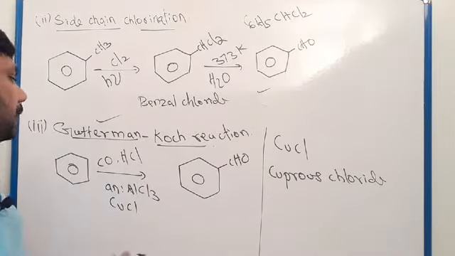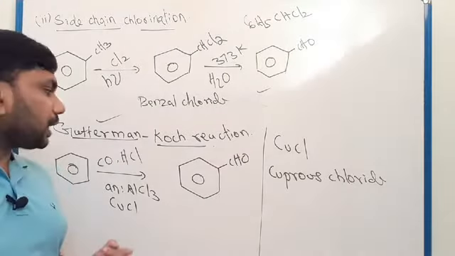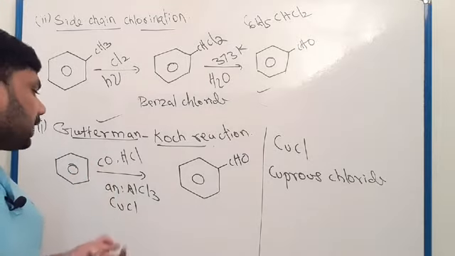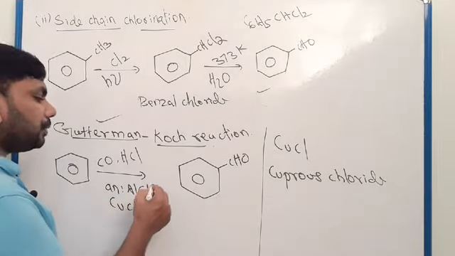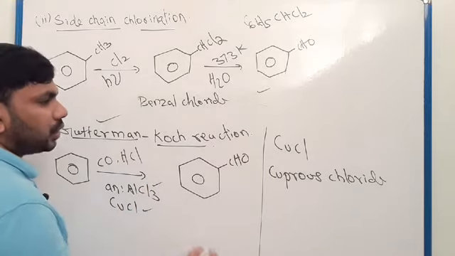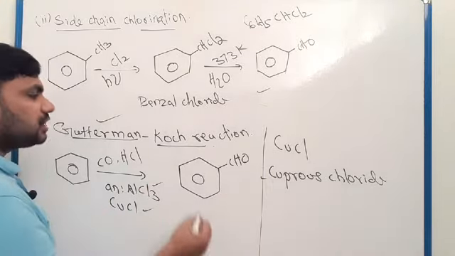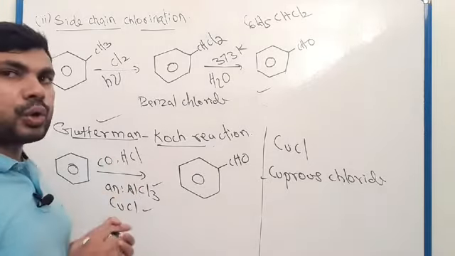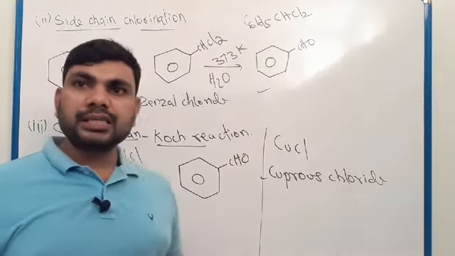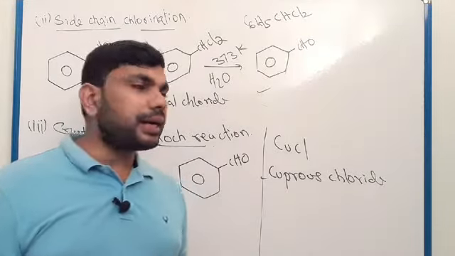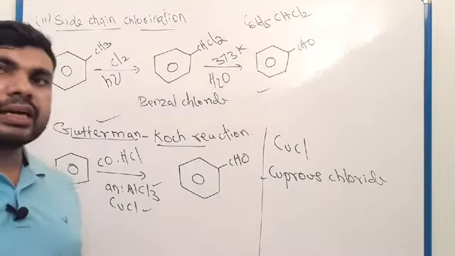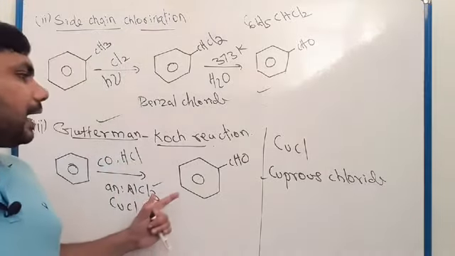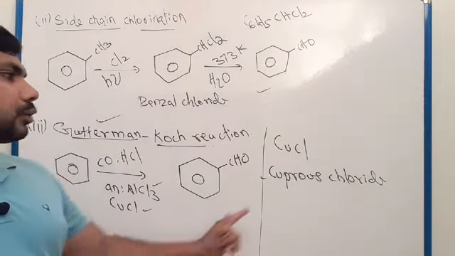Gattermann-Koch reaction means benzene treated with carbon monoxide and HCl in presence of anhydrous aluminium chloride and cuprous chloride changes to benzaldehyde. This chemical reaction is called the Gattermann-Koch reaction. Benzene treated with carbon monoxide and HCl in presence of anhydrous aluminium chloride and cuprous chloride.